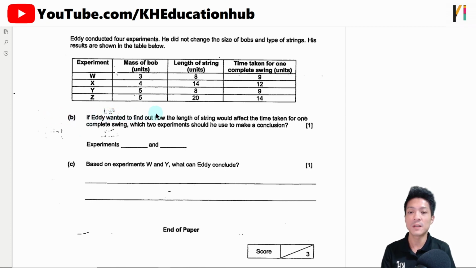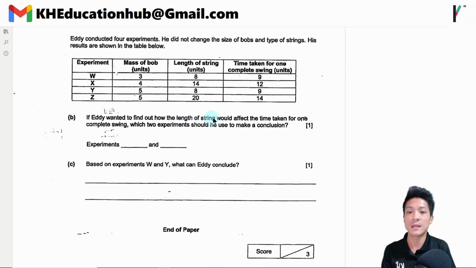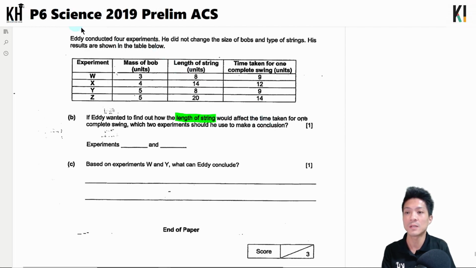If Eddie wanted to find out how the length of string would affect the time taken for one complete swing, which two experiments should he use to make a conclusion? So if he wants to find out how the length of the string, this will be the changed variable, right? It would affect the time taken, so the time taken will be the measured variable.